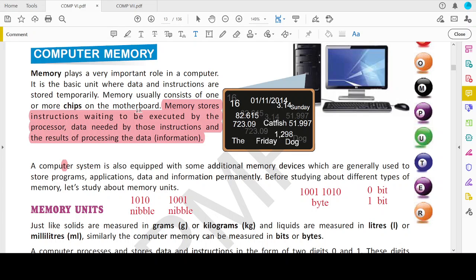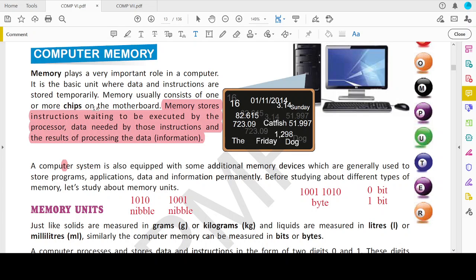A computer system is also equipped with some additional memory devices which are generally used to store programs, applications, data, and information permanently. Before studying about different types of memory, we will study about the memory units.